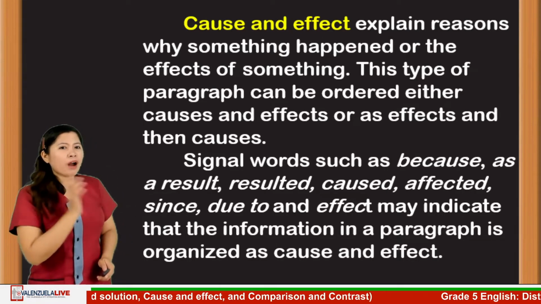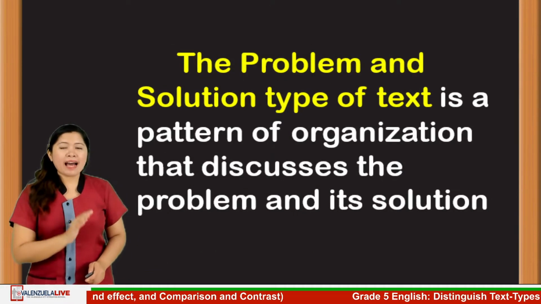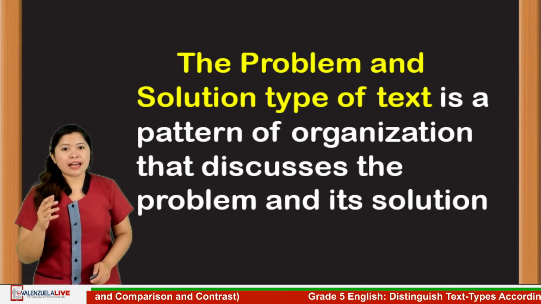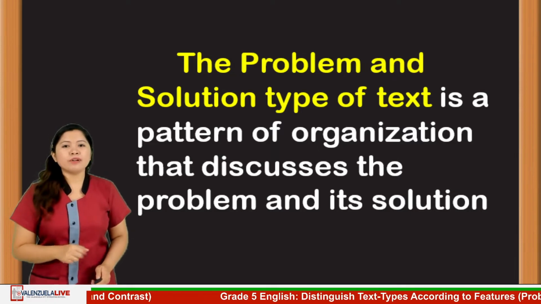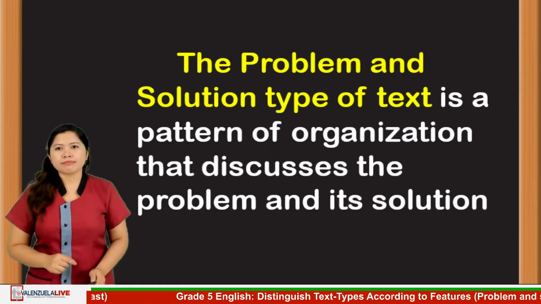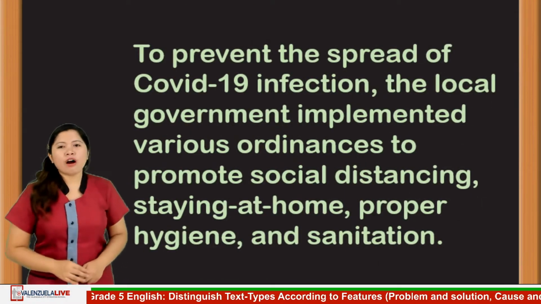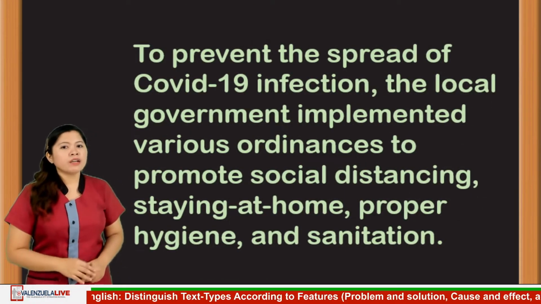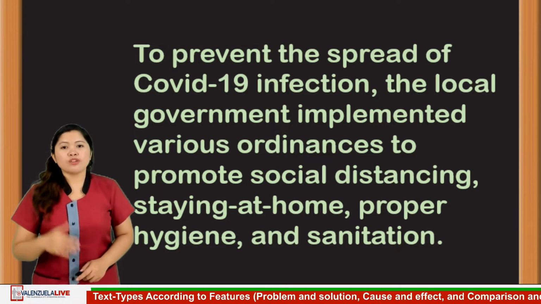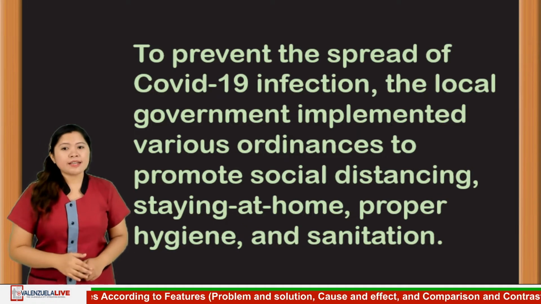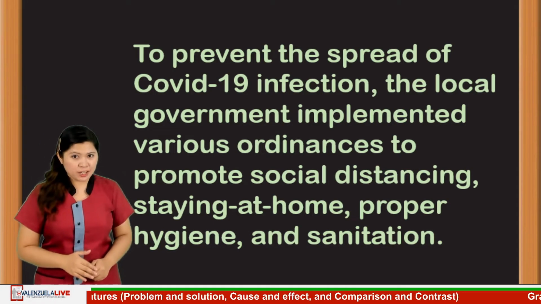Alright. The problem and solution type of text, on the other hand, is a pattern of organization that discusses the problem and its solution. For example, is this paragraph. To prevent the spread of COVID-19 infection, the local government implemented various ordinances to promote social distancing, staying at home, proper hygiene, and sanitation.